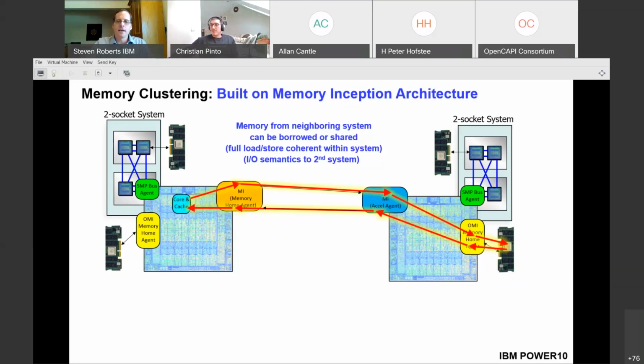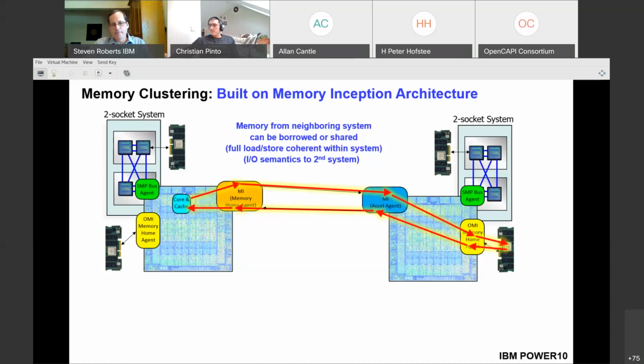And then on the right, you're able to service the loads and the stores, and whether or not you allow processes to access the same OMI memory dictates whether you're borrowing or sharing. But really the semantics on the far system are IO type of semantics, and you don't have coherency with any processes resident on that node.